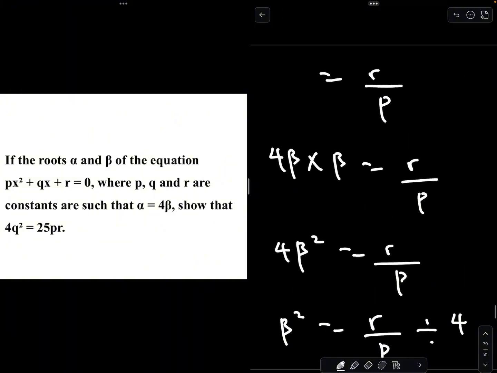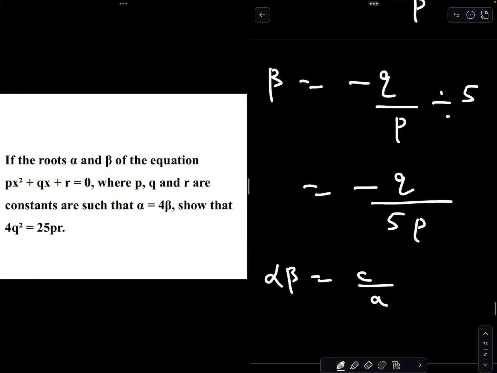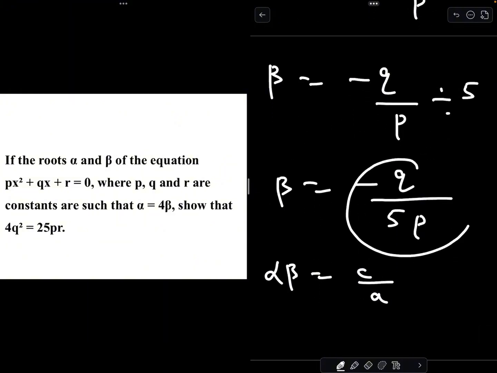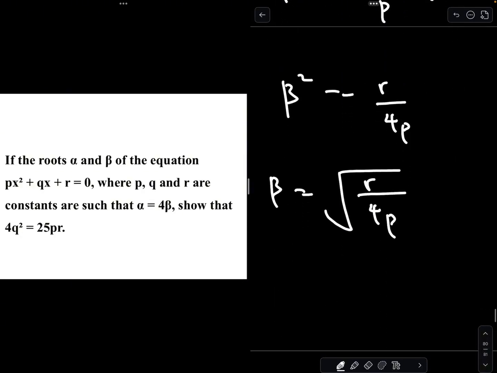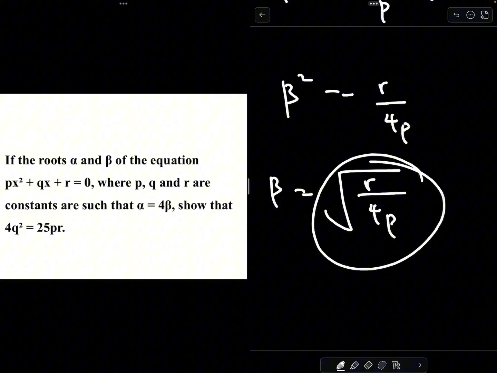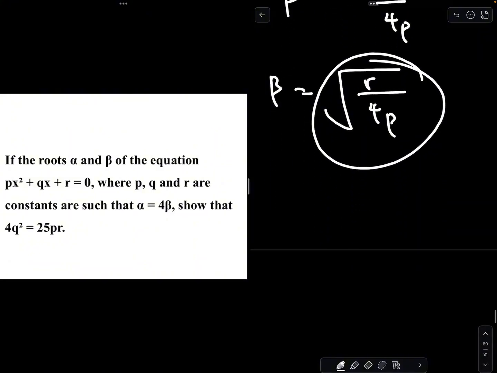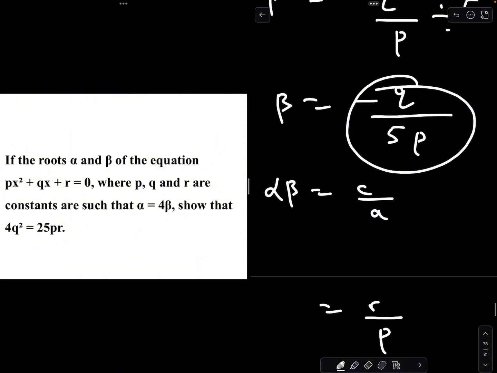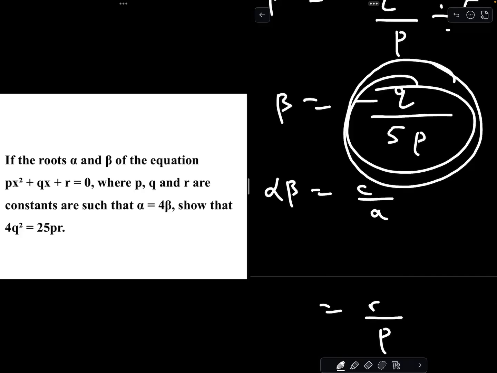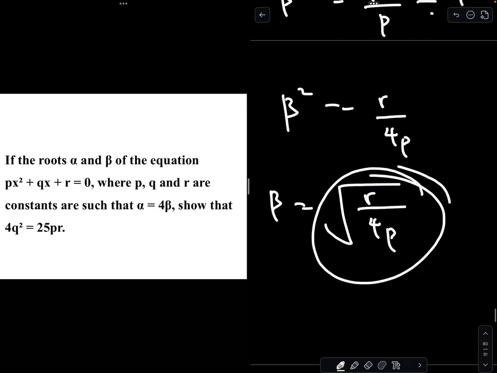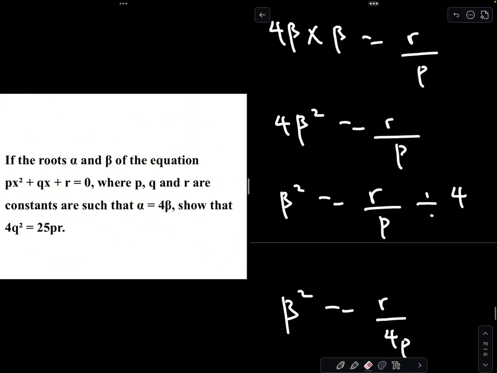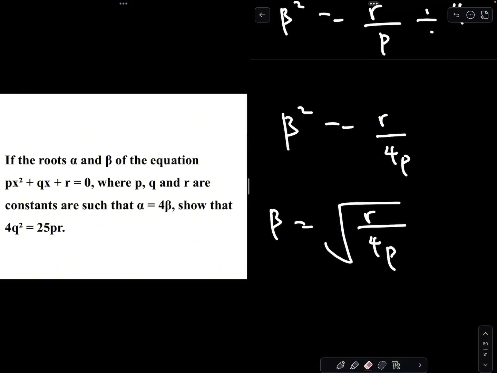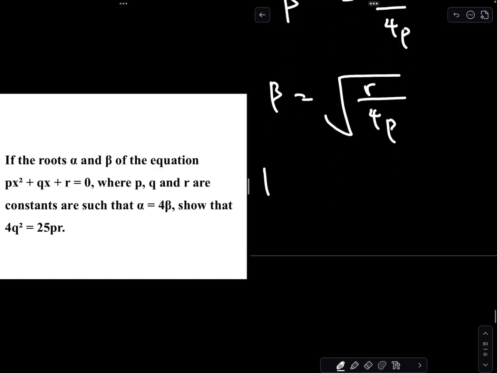Now I have two definitions for beta. Beta equals minus q over 5p, and at the same time beta equals square root of r over 4p. That simply means minus q over 5p is equal to the square root of r over 4p, because they both represent beta. Let me write it this way first.